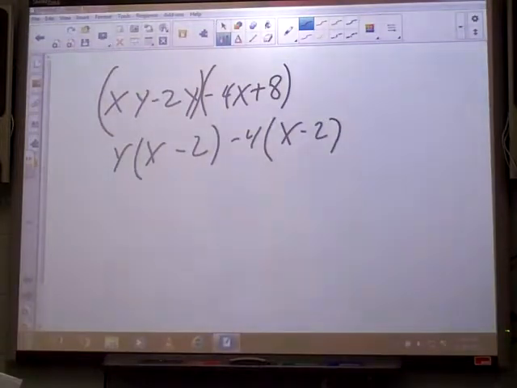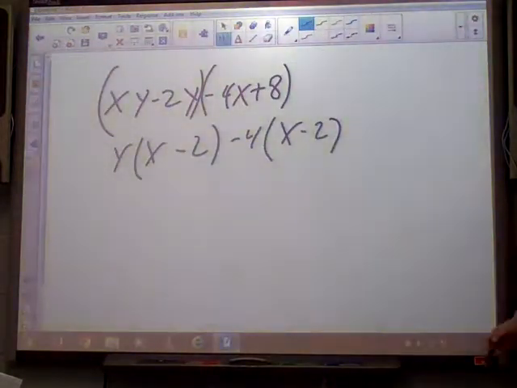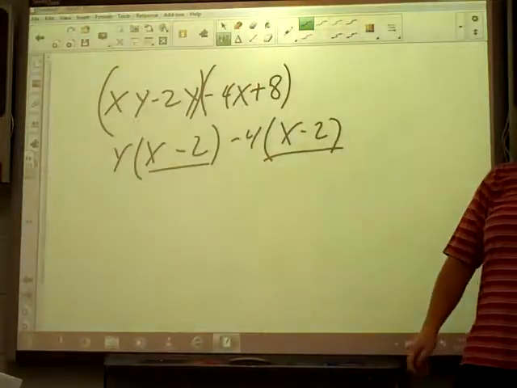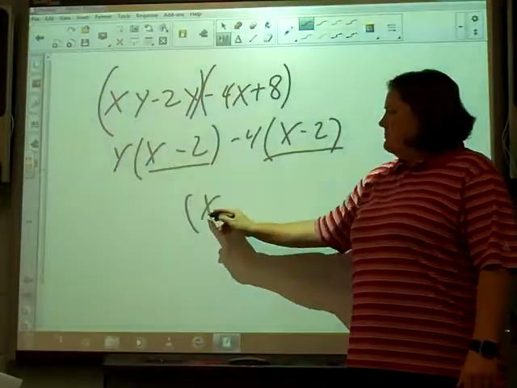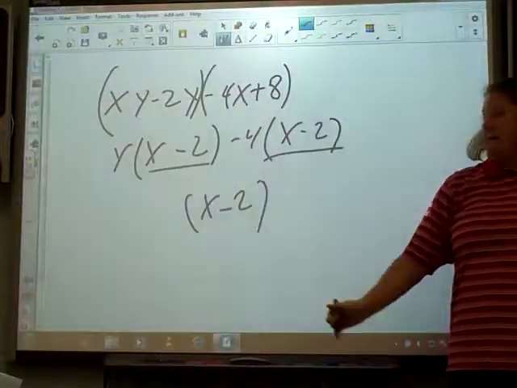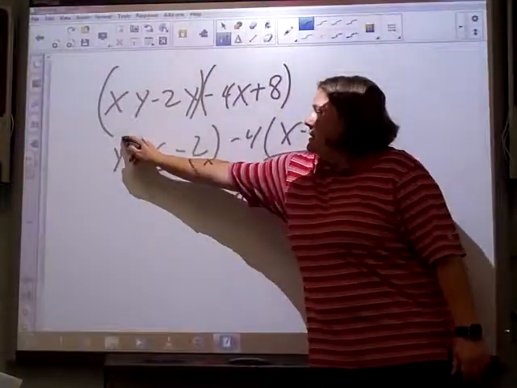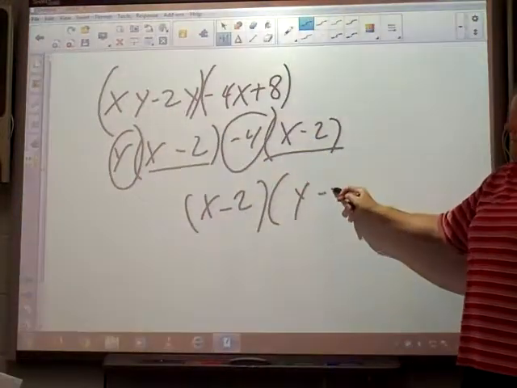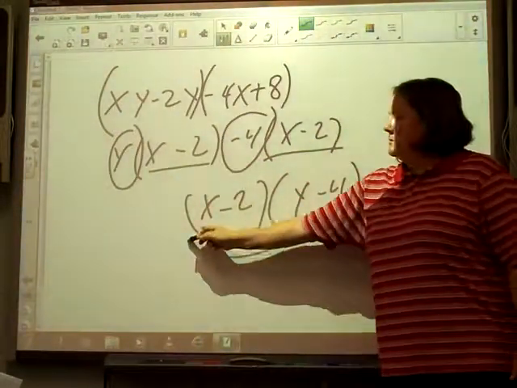Now this is like that big problem with the a's that we had a second ago. Both sides of this minus sign have something in common. So if I take that x minus 2 out, that leaves me with a y and a minus 4. That's it.